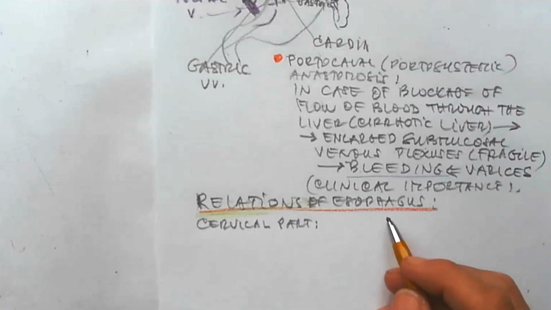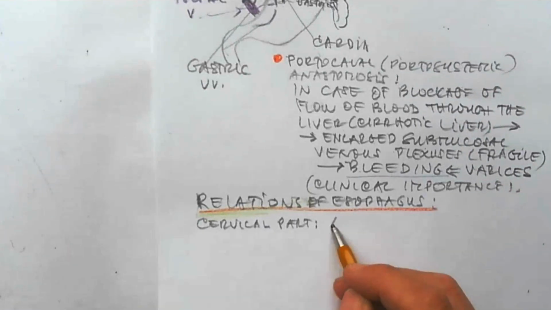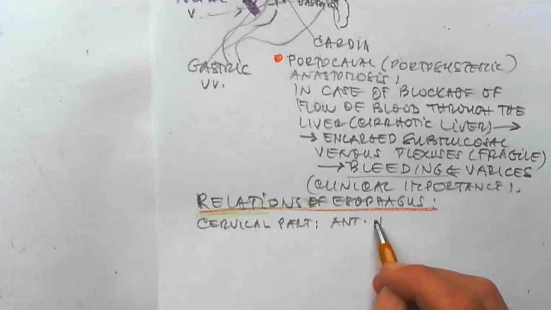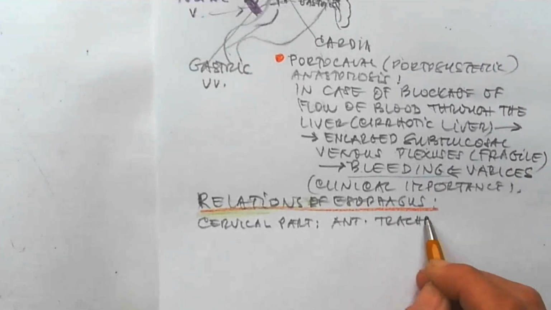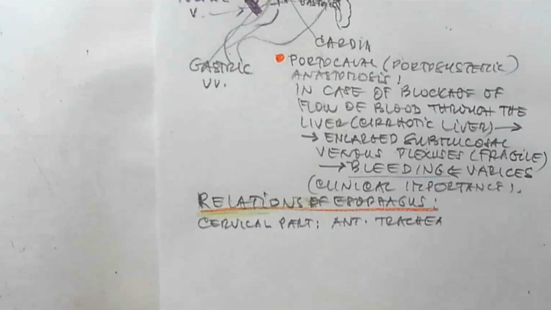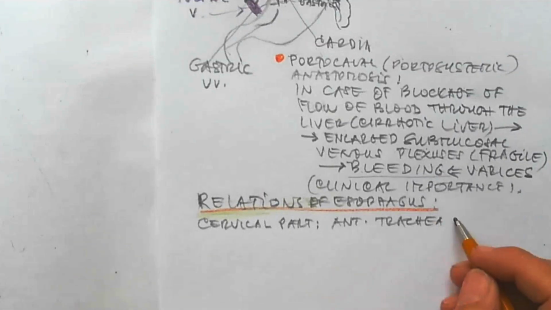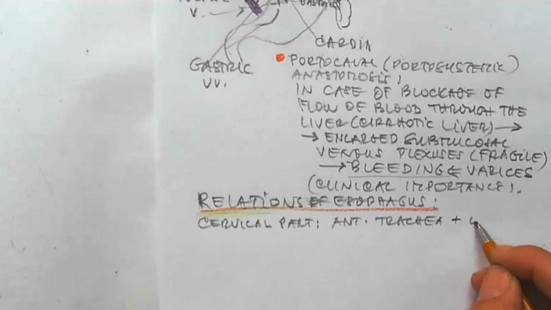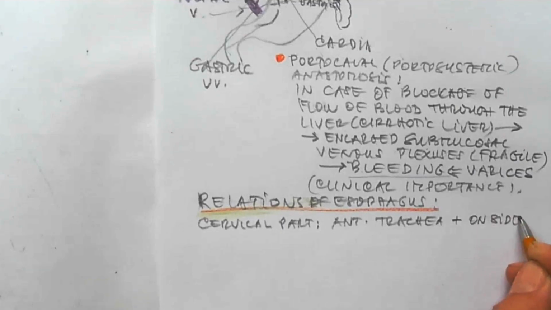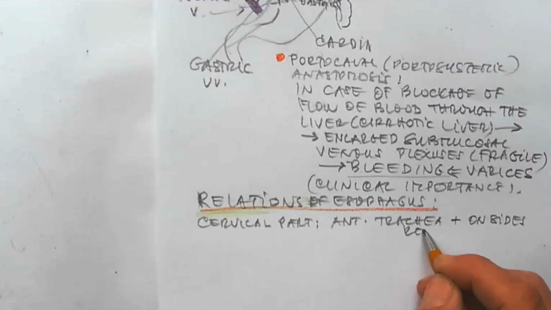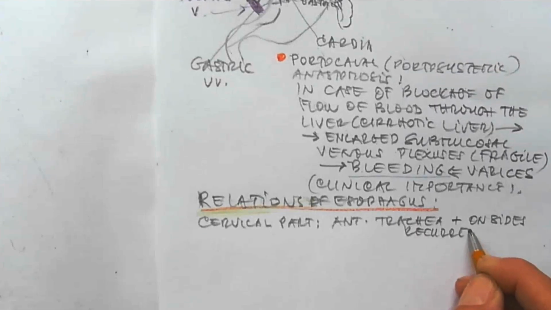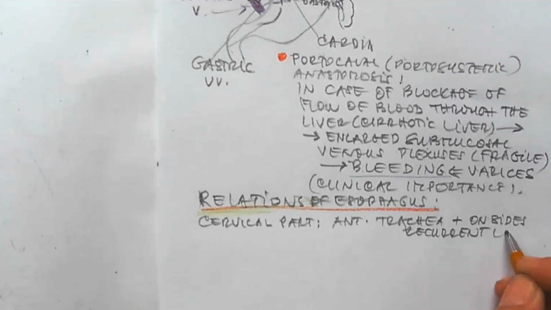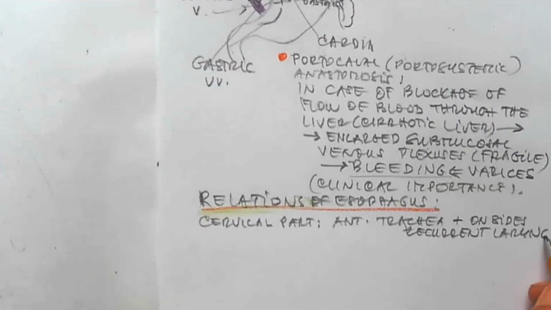The most important would be anteriorly trachea, plus on sides recurrent laryngeal nerve.